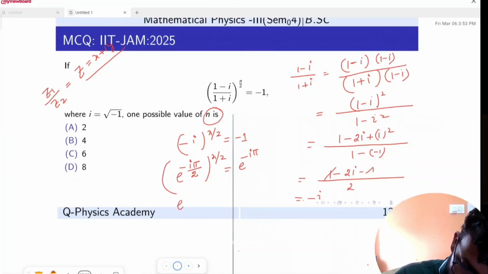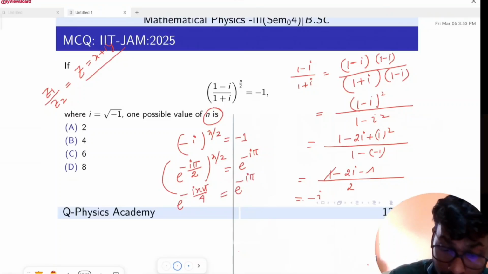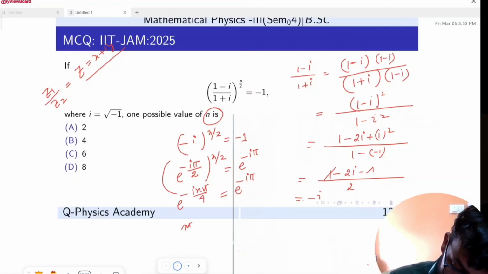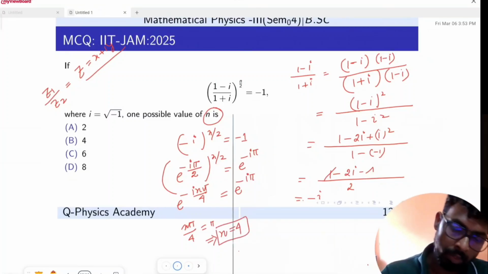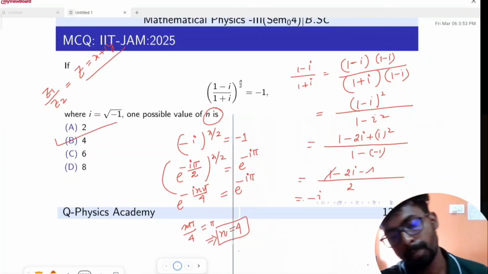So it is equal to e to the power minus I n pi by 4 equals e to the power I pi. So just comparing each other, n pi by 4 equals pi and n equals 4. Okay, so the correct answer of this question is basically option B.